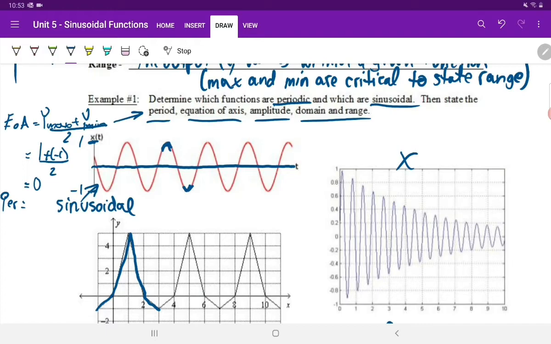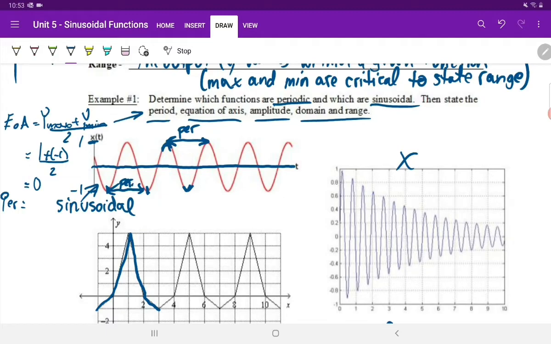So from here to here would be considered one period, right? It's after finishing one full cycle, and then this shape is going to be repeating. You don't have to take it from there. You could even go from max to max. These would be equal, by the way. So this would be considered the period as well as this.